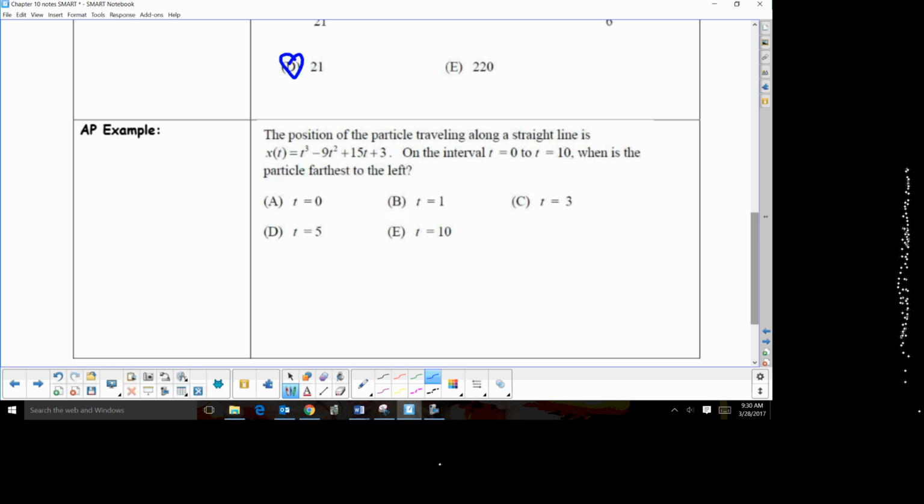You have to go find your velocity to get the zeros of it for your critical numbers, and what else are your critical numbers? The endpoints. Okay.